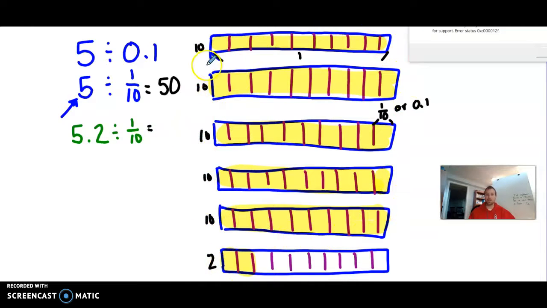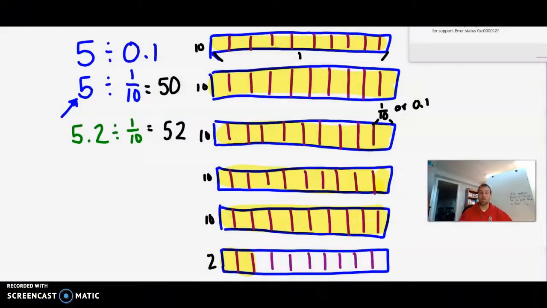I have now 50 and 2 more. 52 parts. Now again, I don't want you to get too bogged down with the work here. You might get a little confused saying, oh, there's fractions, decimals, and you're putting them together. Draw the models first to truly help you.